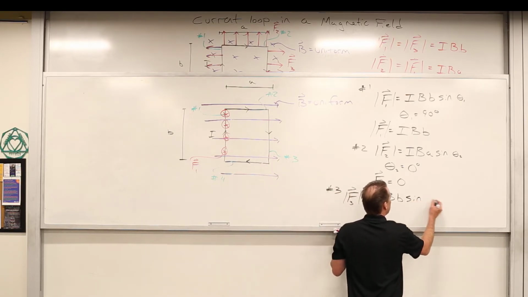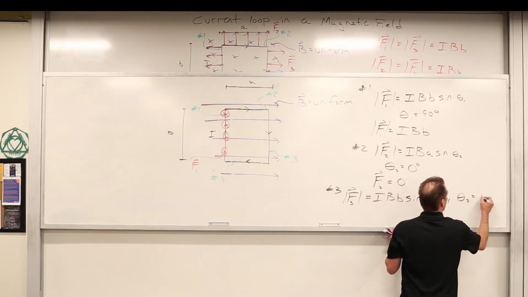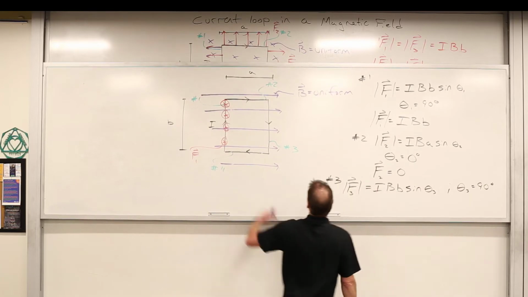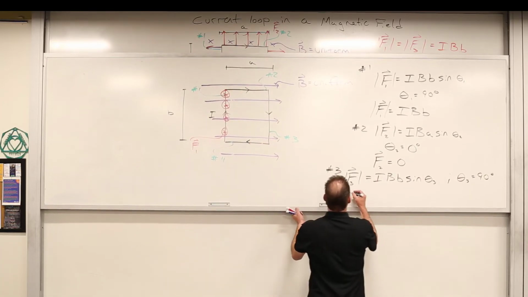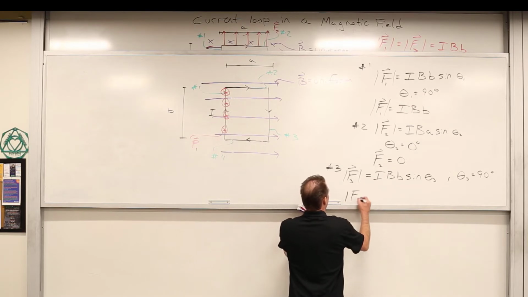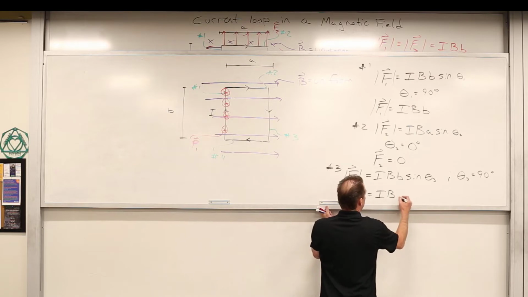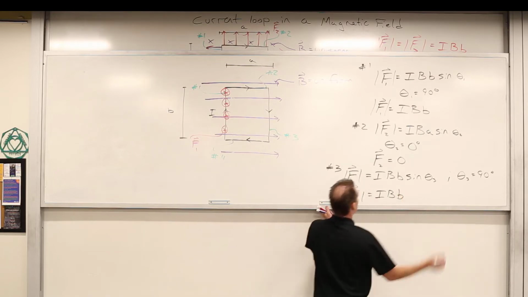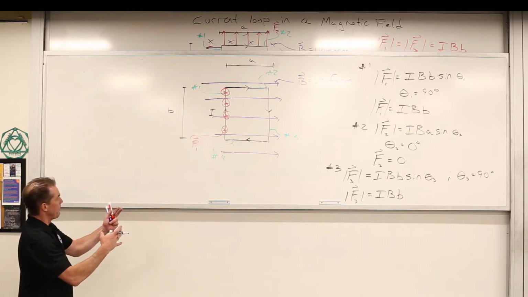We'll go ahead and put that in, the sine of theta 3, and we note that theta 3 is equal to 90 degrees. Current's down, magnetic field's to the right, and that then leaves us with the magnitude of the force being equal to I times B times B. All right, there's the magnitude of the force.